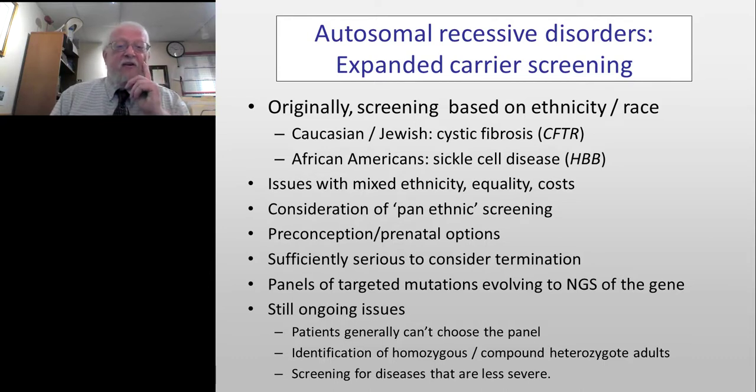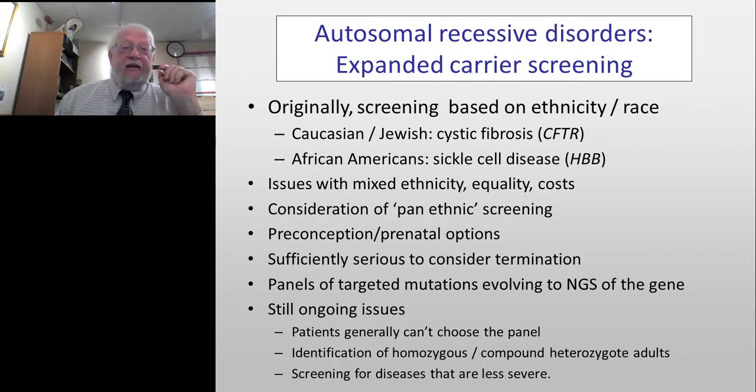Now that we're able to do more cost-effective screening, we're considering pan-ethnic screening, and whether testing should be done preconceptually or prenatally. The disorder should be serious enough to consider termination. Currently, many of these programs that are testing for 50, 100, 150 recessive disorders are moving from targeted mutations to just sequencing the gene.